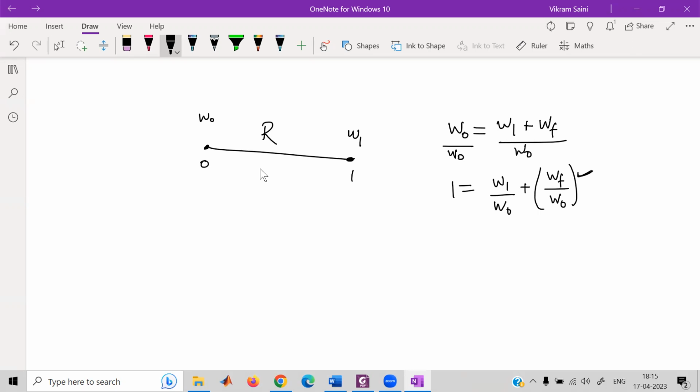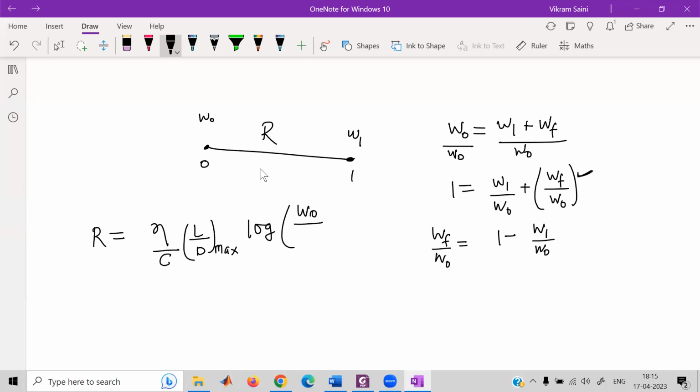Fuel weight over the gross takeoff weight, which is 1 minus W1 over W naught. And what was Breguet's range formula, if you can recall? Eta by C into L by D into log of W naught over W1.